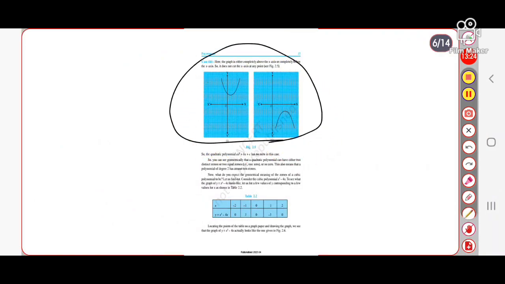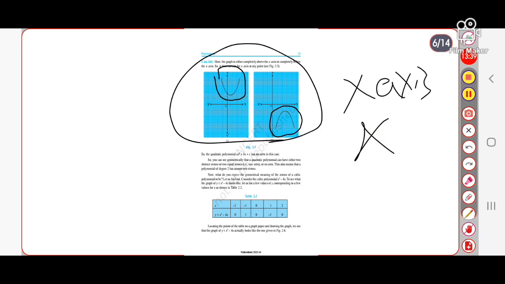Now over here there is no zero, because this curve, just watch carefully, does not touch the x-axis. So there are no zeros in this case. This will be analyzed in the exercise that is given. There is nothing much to be seen over here.